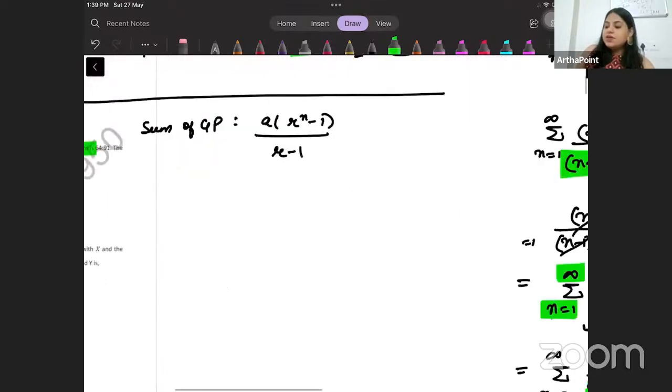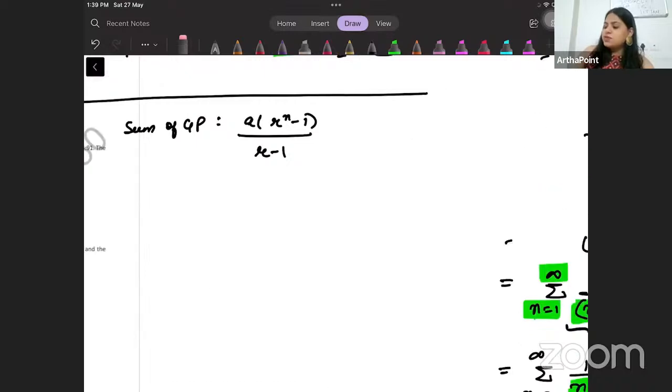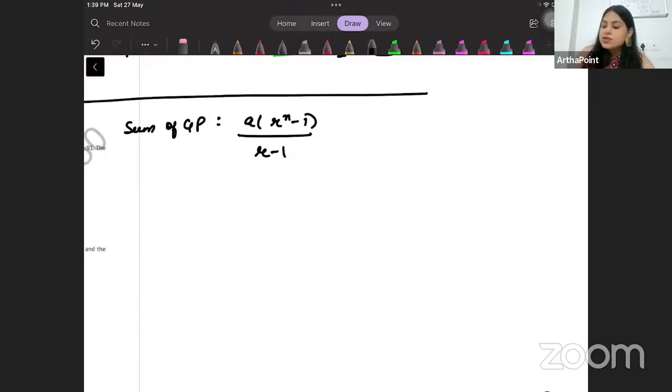So beta, what is going to be the sum of first 3 terms? Put n equal to 3. So the sum of first 3 terms will be a(r to the power 3 minus 1) upon r minus 1.